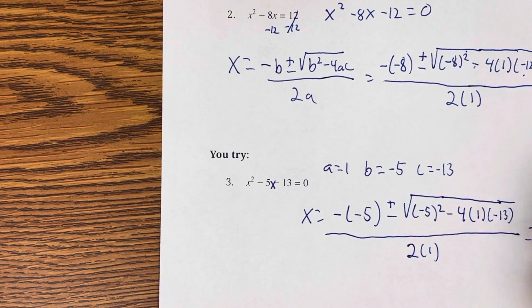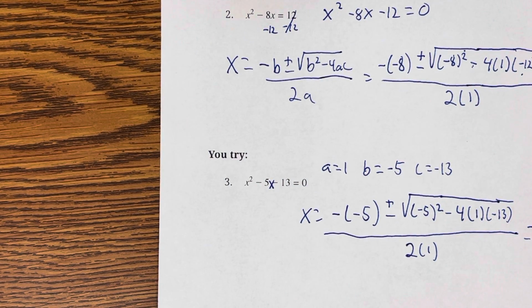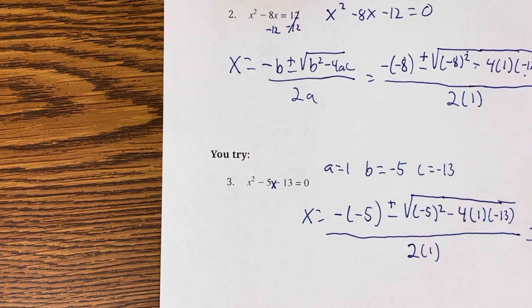We got that. Negative times a negative is going to change to a positive 5. Plus or minus the square root of 25 minus, have to do 4 times 1 times negative 13. And 4 times negative 13 is negative 52. So minus negative 52, that will change to a plus, all divided by 2.